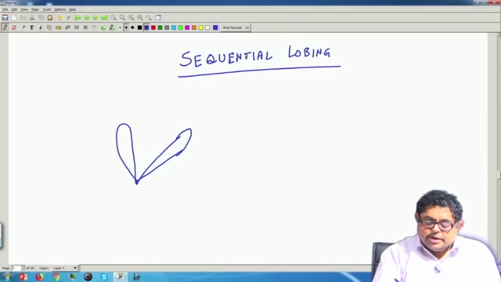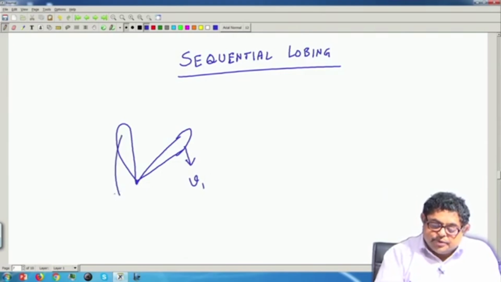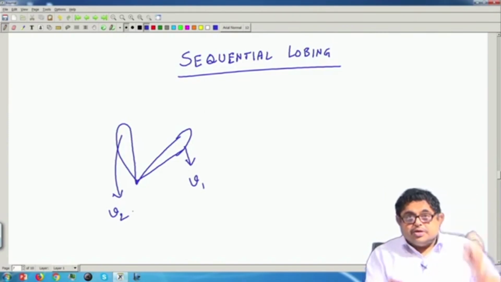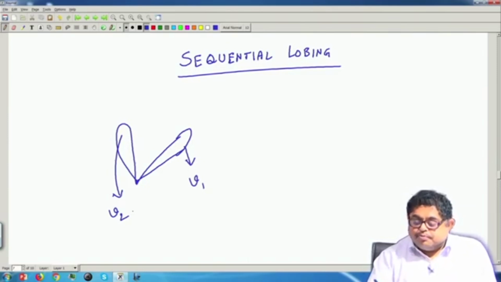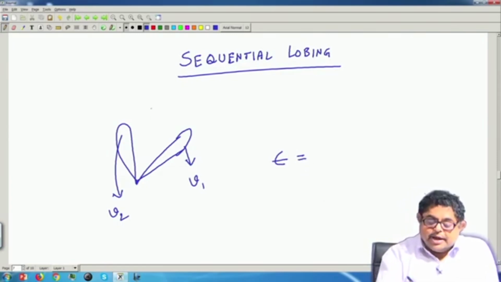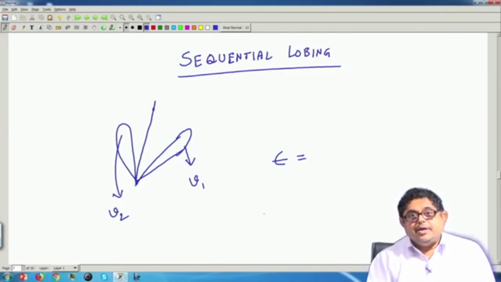From this position, let us say V1 is the return, and in this position V2, given the radiation pattern. If V1 and V2 are the same, then the target is at this position symmetrically.